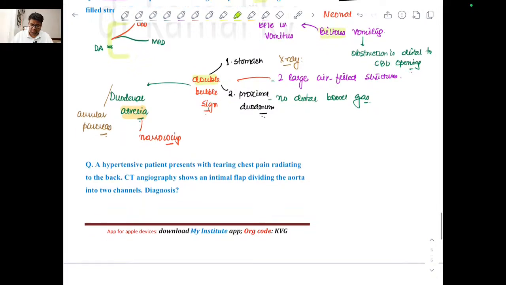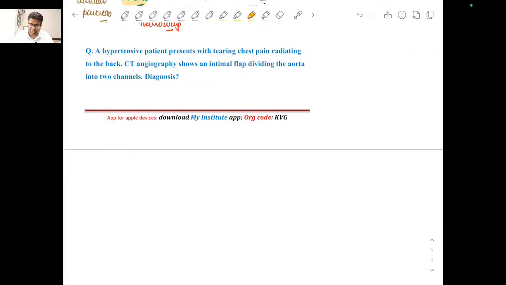Okay. Chalo, next question. A hypertensive patient presents with tearing chest pain radiating to the back. CT angiography shows an intimal flap dividing the aorta into two channels. Now, what is the diagnosis? So, again let us write the keywords first. Known case of hypertension, right, BP remains high, increased blood pressure.